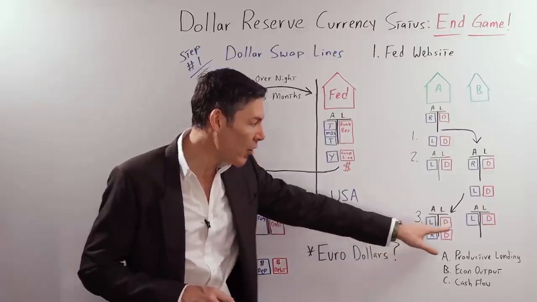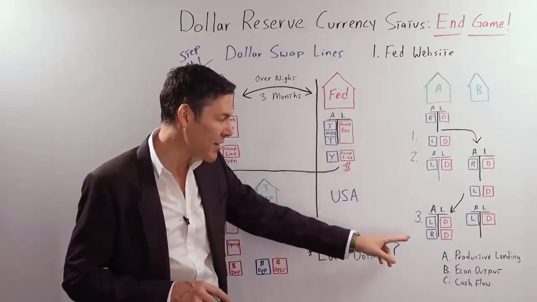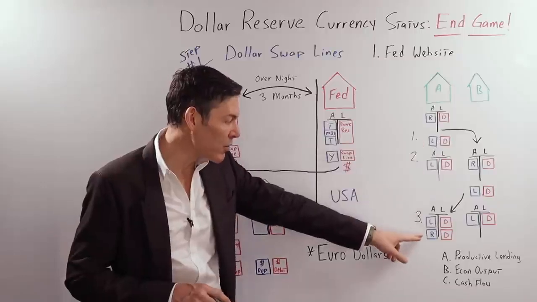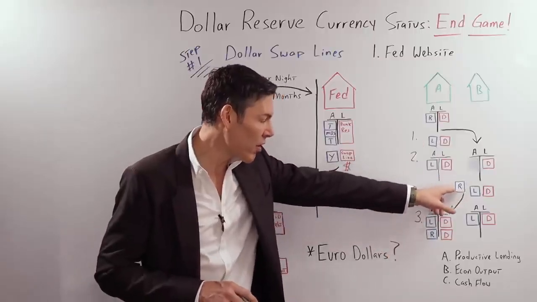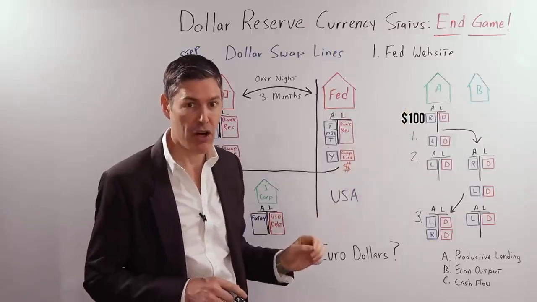So let's look at how the balance sheets look now. For Bank A, on the asset side, they have the loan that was created here and the reserves that were just transferred from Bank B, the original $100 in reserves they started with.